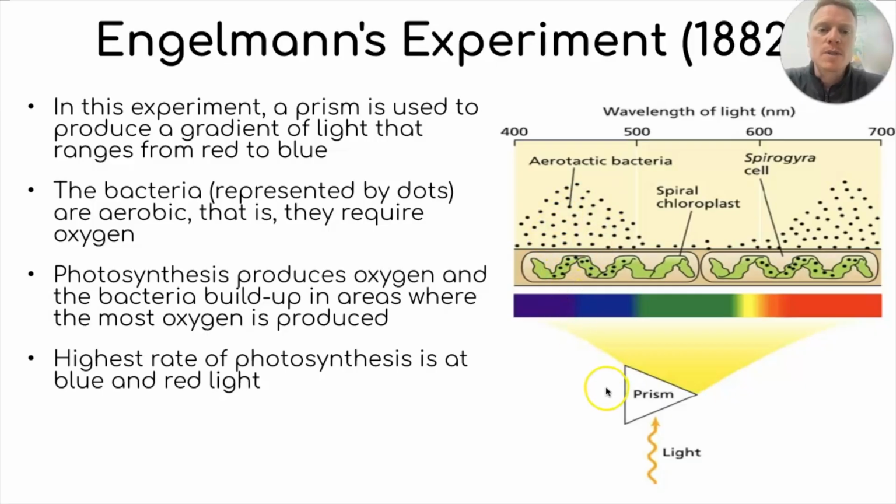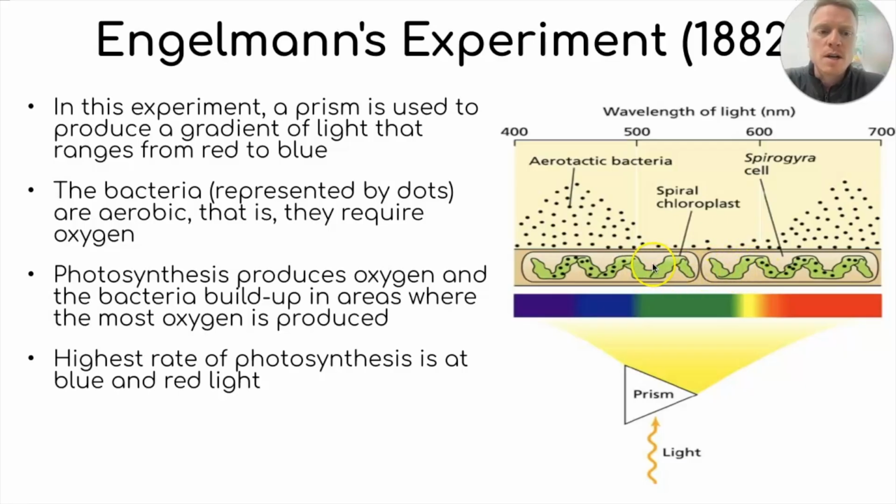And what he found was that the largest amounts of bacteria were in the blue parts of the spectrum and the red wavelengths of the spectrum. But he found that very few bacteria grew in the green parts of the spectrum because photosynthesis wasn't happening as fast here.